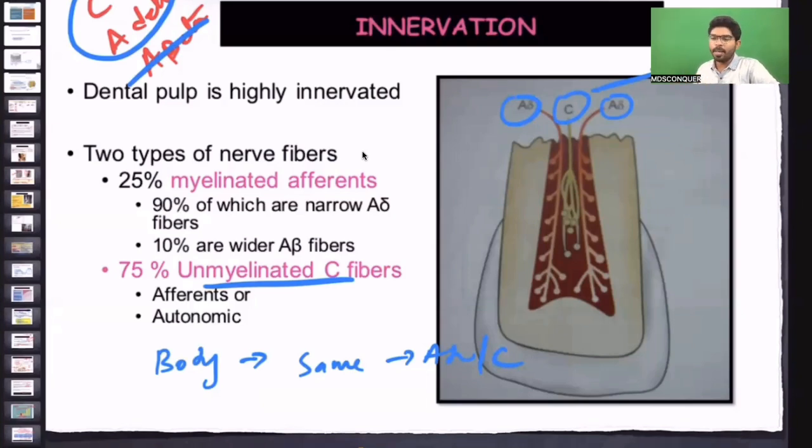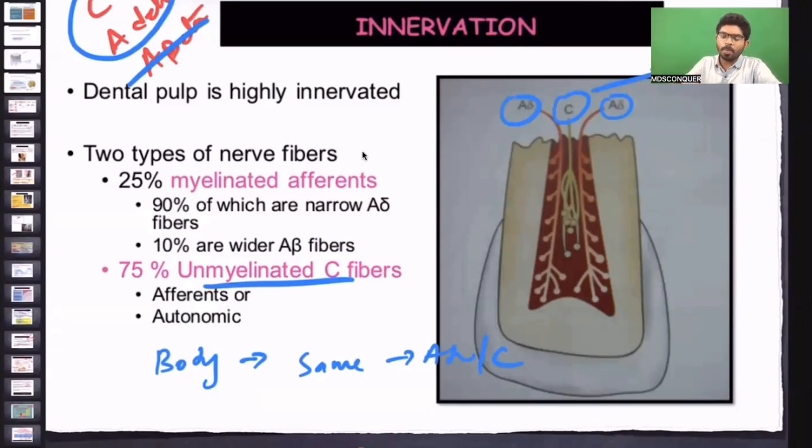There is one concept in pedo. In primary teeth and young permanent teeth, pulp sensibility tests are contraindicated. Why? The reason is there is no myelination. Normally, myelination occurs 4 to 5 years after the eruption of a tooth into the oral cavity.